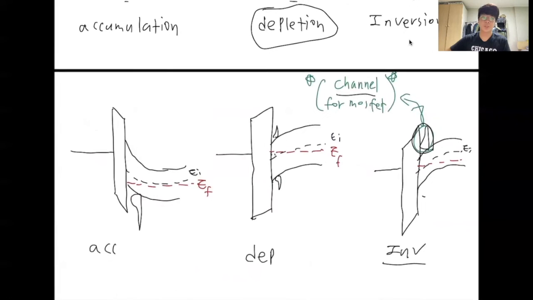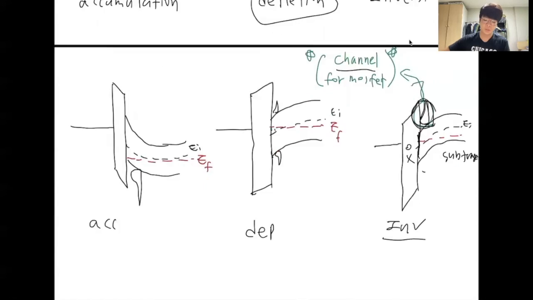At inversion, the Boltzmann tail or electrons would be accumulated at the oxide and substrate side, and in a MOSFET, these electrons are used as the channel.